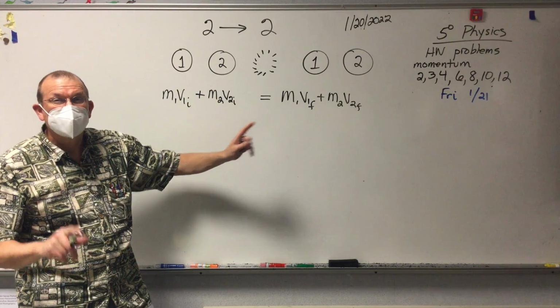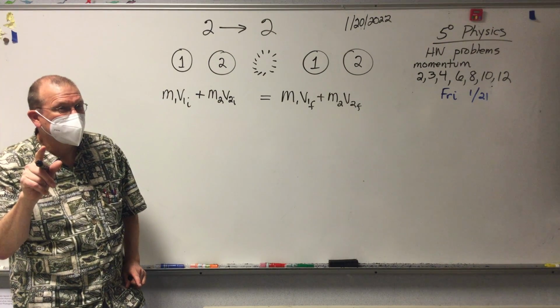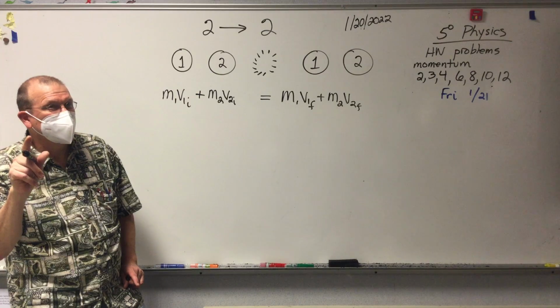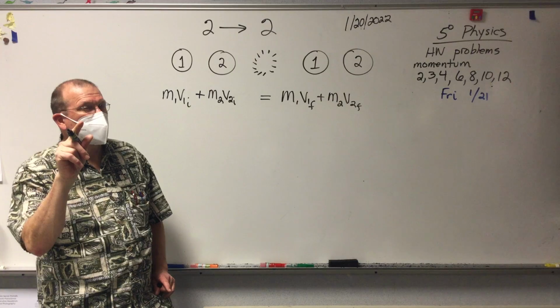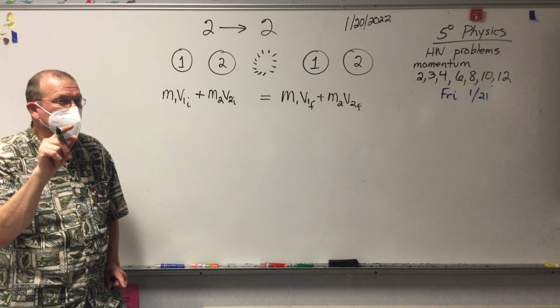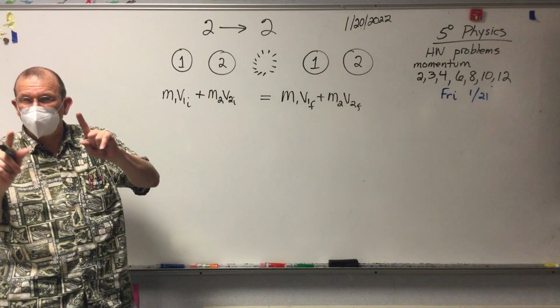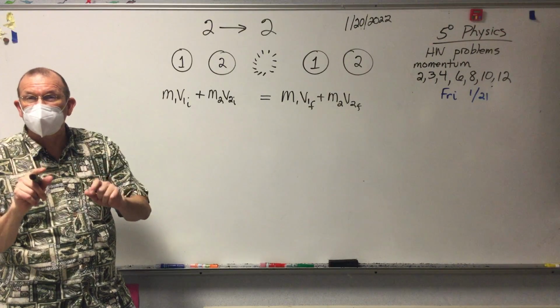Or would be 6. Why 6? Because you have 2 initial velocities, 2 final velocities, and you have 1 mass, and then another mass. Okay. So, the correct answer is 6, and that's because we have some duplicates.